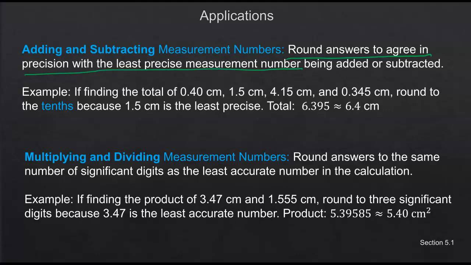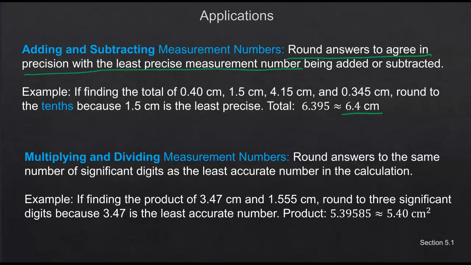All right, so when we're looking at this next one, what is the least precise measurement number? The least precise is to the tenths place, and so we round this to the tenths place. So you have to look at what's precise when we're adding and subtracting.